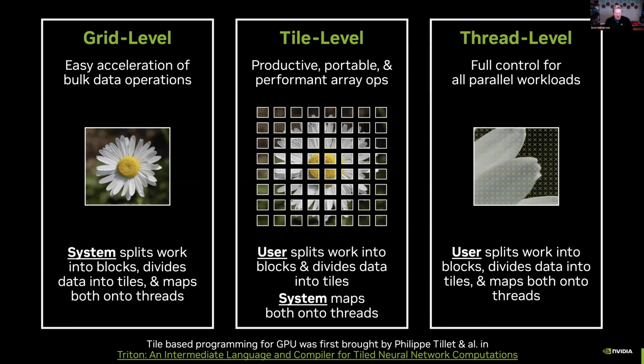And so this is the foray into doing this tile level programming model that looks somewhat similar to Triton, but as you'll see in subsequent slides, we're expanding the ecosystem that it applies to as well. So the idea here is that the user is responsible for splitting work into blocks and divides data into tiles, but the system is responsible for mapping those onto the resources that are available.